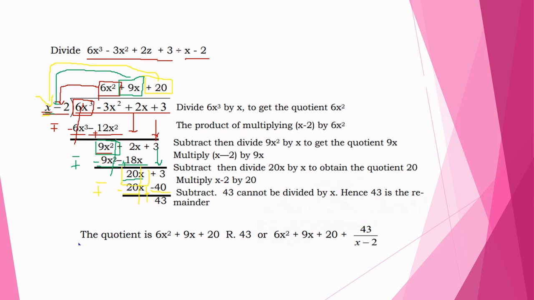Add the number and copy the sign. So, we have positive 43. So, therefore, the remainder is 43. So, we will write the quotient as 6x squared plus 9x plus 20, remainder 43. Or, pwede mo rin siyang isulat ng 6x squared plus 9x plus 20 plus 43 over the divisor x minus 2.